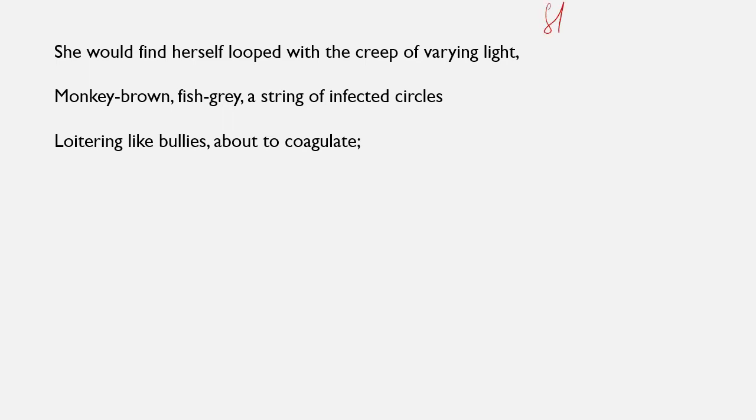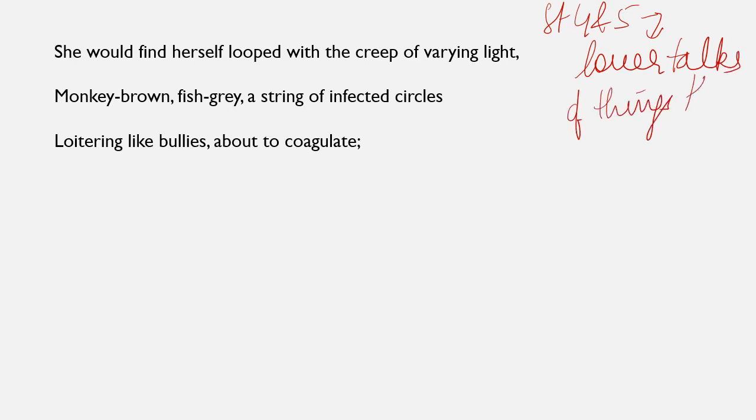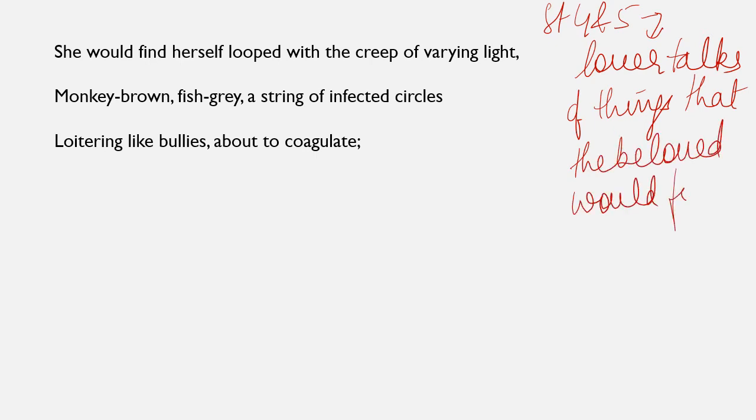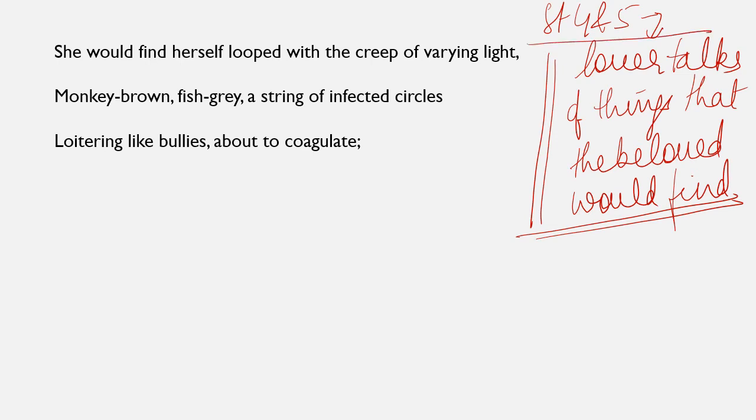In stanza number 4 and 5, the lover talks of things that the beloved would find, and these are definitely not very good things. उसे क्या मिलेगा स्टैंजा नंबर 4-5 में, स्टैंजा नंबर 2 and 3 में वो कहता है उसे क्या नहीं मिलेगा, स्टैंजा नंबर 4-5 में वो बता रहा है कि उसे क्या मिलेगा.